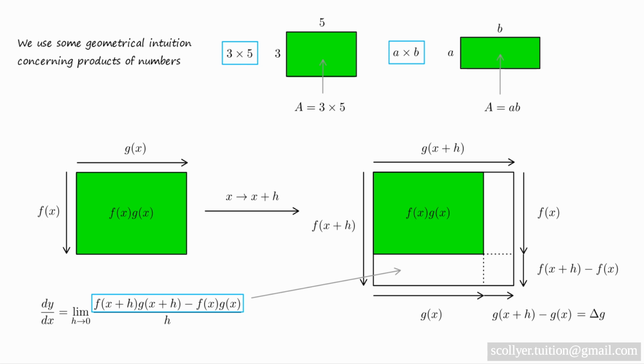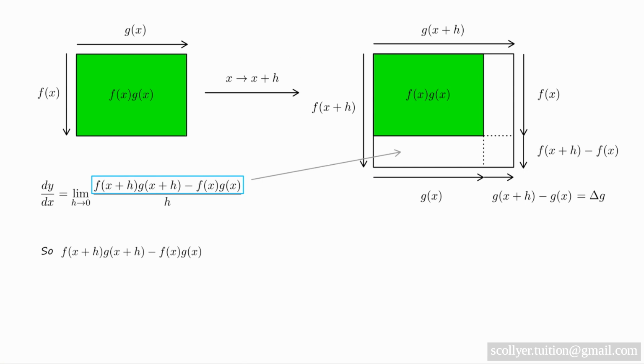So delta g means the change in g. And we should note at this point that the quantities f of x plus h minus f of x and g of x plus h minus g of x are useful because they appear in the numerators of the expressions for f dashed of x and g dashed of x.